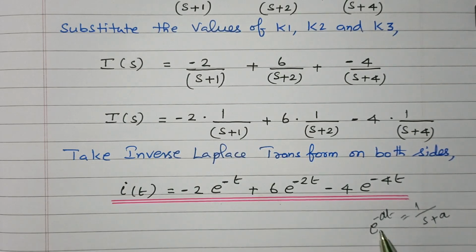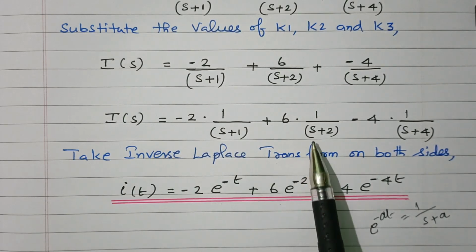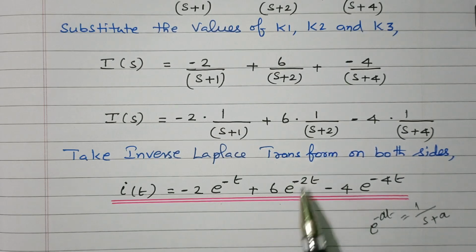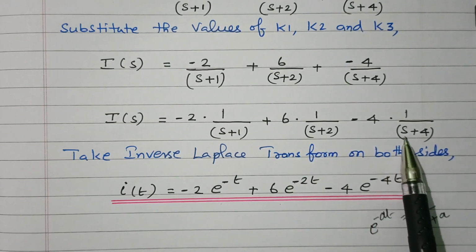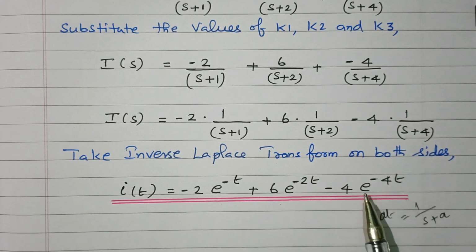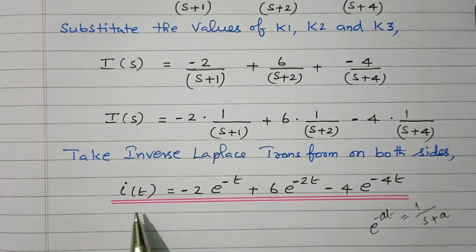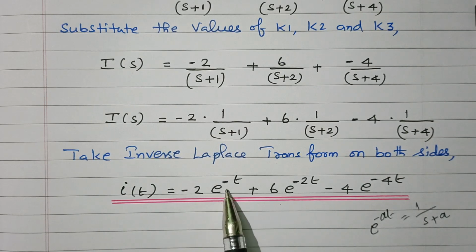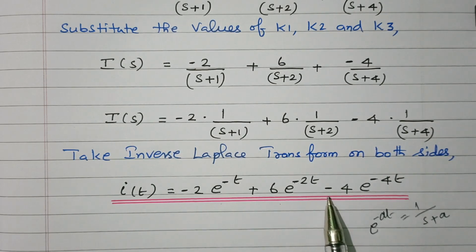Similarly, s plus 2, a is 2 here, so e power minus 2t. s plus 4, here a is 4, e power minus 4t. Right. So based on this formula, it is written. Finally, we got the equation for the transient current of the RLC circuit: minus 2 e power minus t plus 6 e power minus 2t minus 4 e power minus 4t.